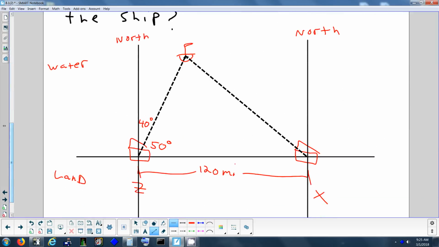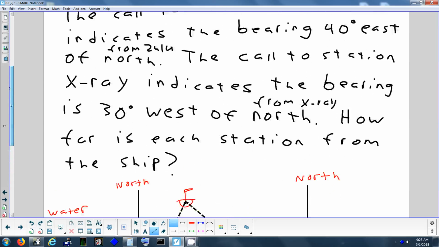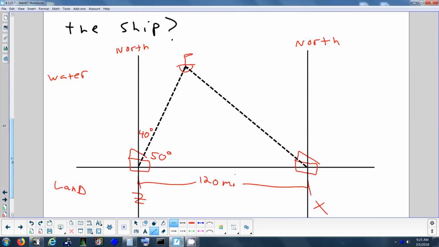We have an angle, we have a side. We're going to have another angle in a second. The other one says the call to X-ray is 30 degrees west of north. I think I put the boat in the wrong spot, so my picture's not to scale. So where would the 30-degree angle be? In between north at X-ray and their sight line.